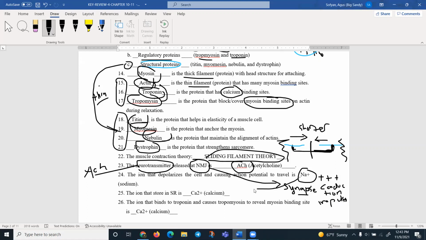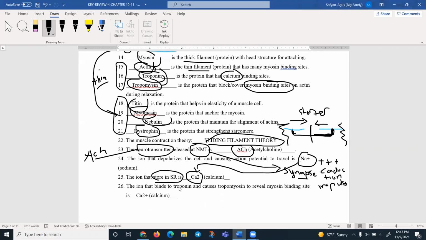When the sodium enters into the muscle cell, into the sarcoplasm, it will trigger the release of calcium that is stored in the SR. So that's the connection: sodium entering the sarcoplasm will trigger the opening of the calcium channel in the SR, the sarcoplasmic reticulum, and calcium then will come out from the SR.